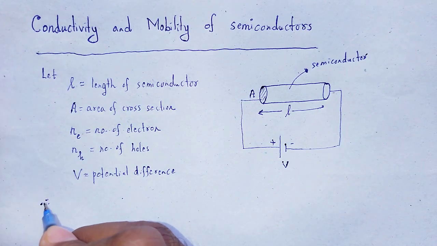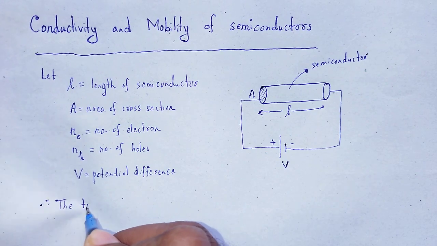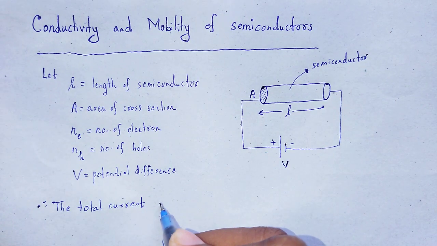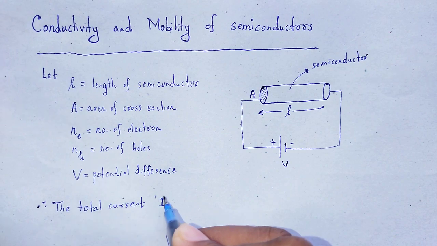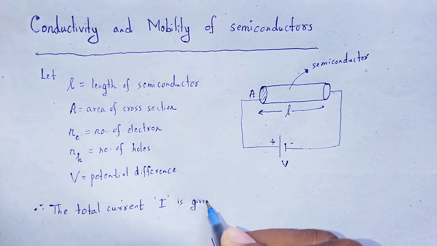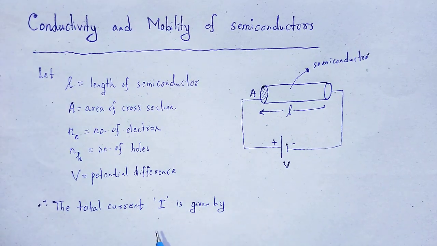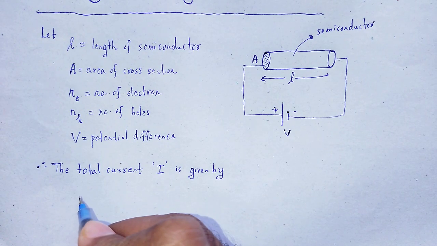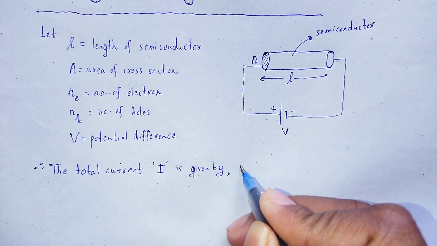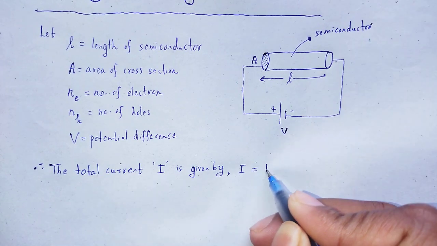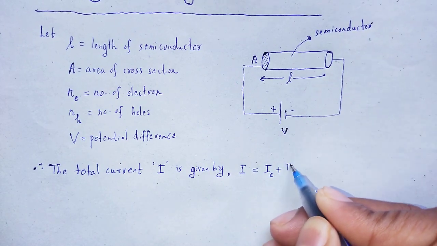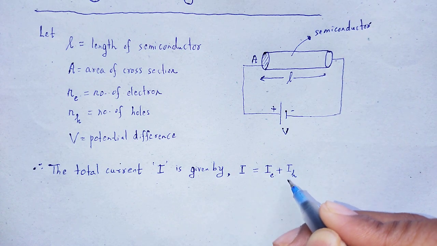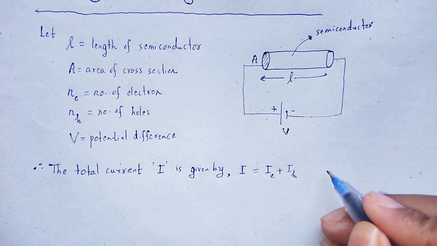Therefore, the total current I is given by I is equal to I of E plus I of H, the current due to the flow of electrons and the current due to the flow of holes.